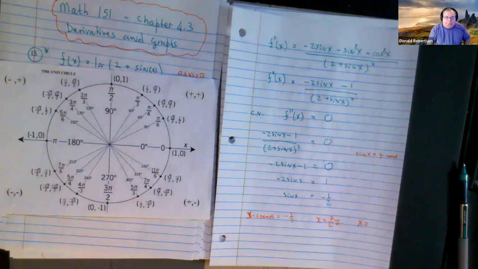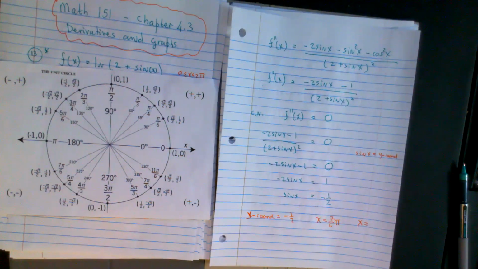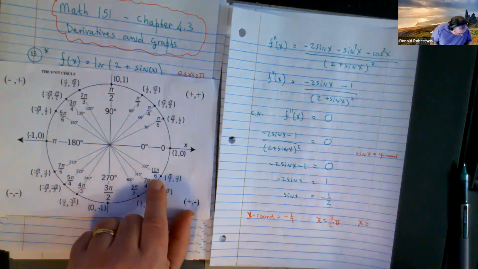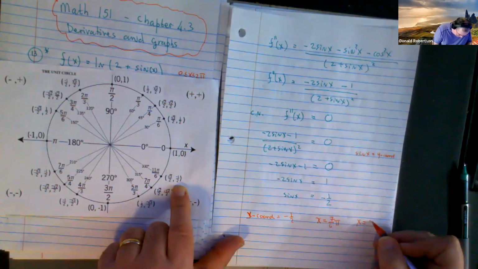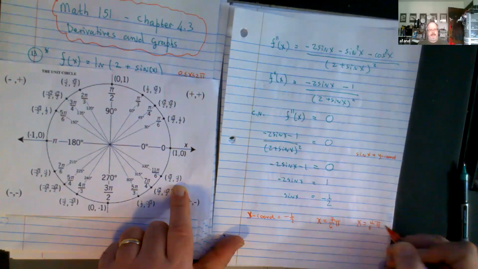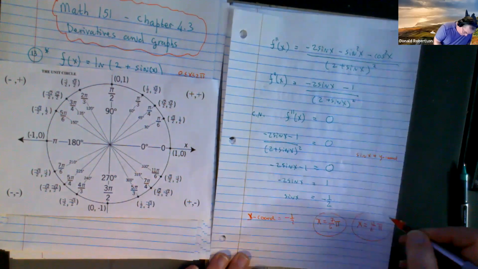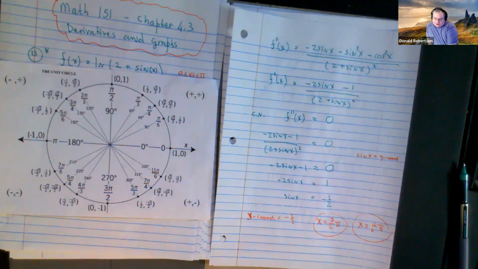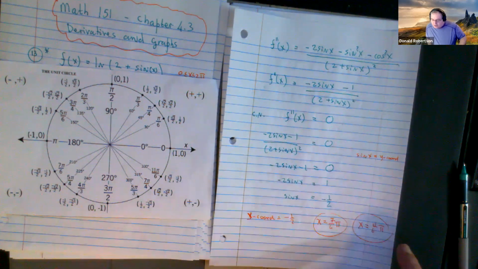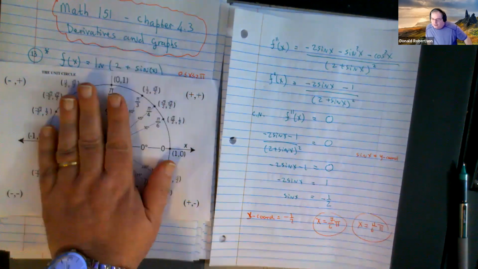Where's the other one? 11 pi over 6. I would agree with that one. So we have solved our trig equation. Now you see, solving trig equations starts off very like an equation, but don't you finish with a unit circle typically?